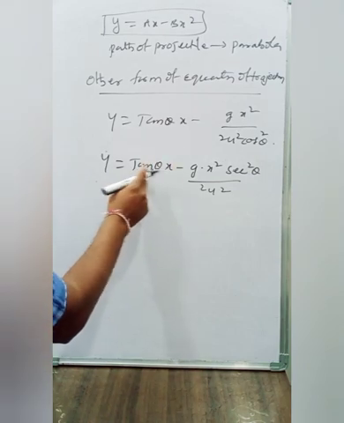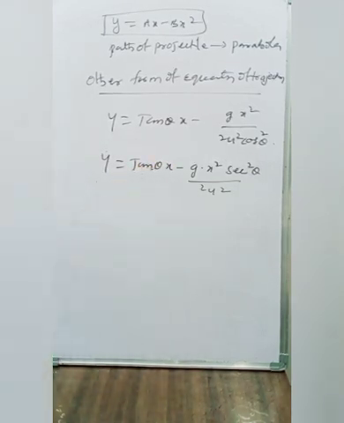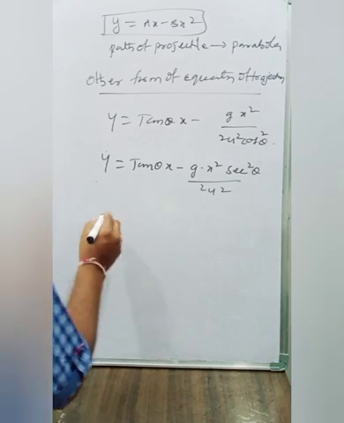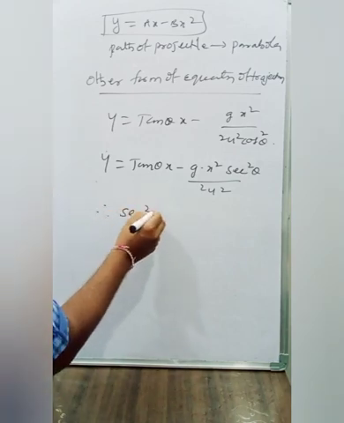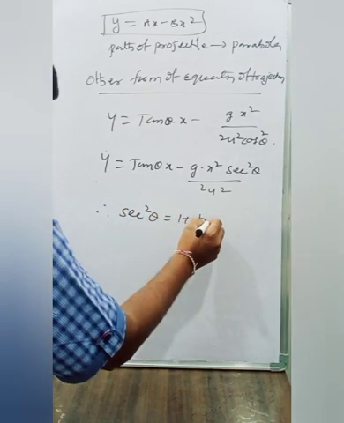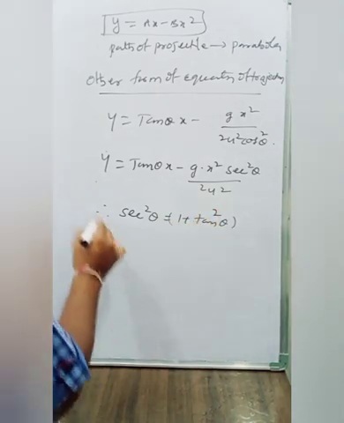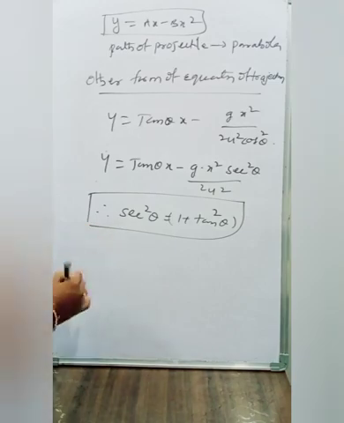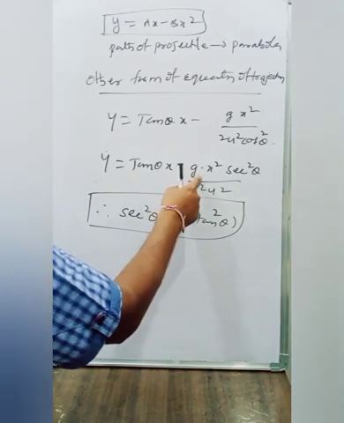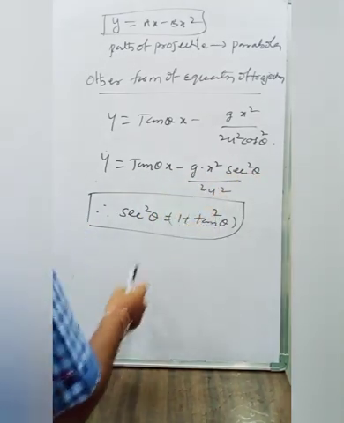Here we can take the common tan theta. Secant square theta is equal to 1 plus tan square theta, this is the formula. Y is equal to tan theta x minus g x square secant square theta by 2 u square.